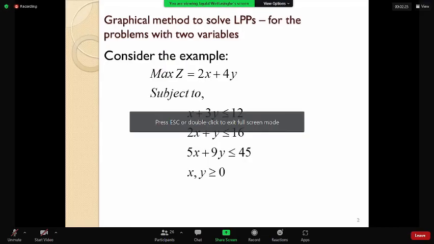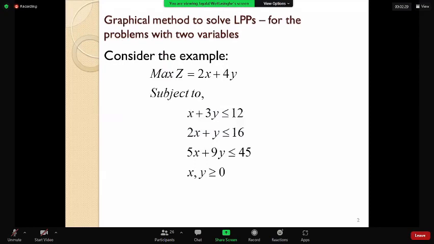So that is graphical method. If we want to use the graphical method, we should have some graph sheets or graph papers so that we can accurately draw the graph. If not, you can also draw the graph on a rough scale and find the answer.